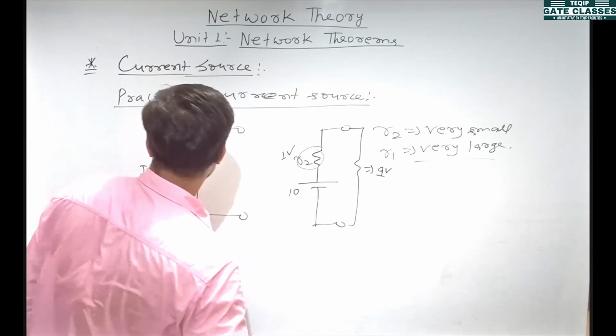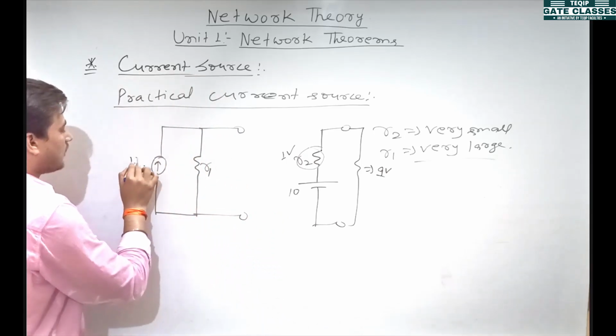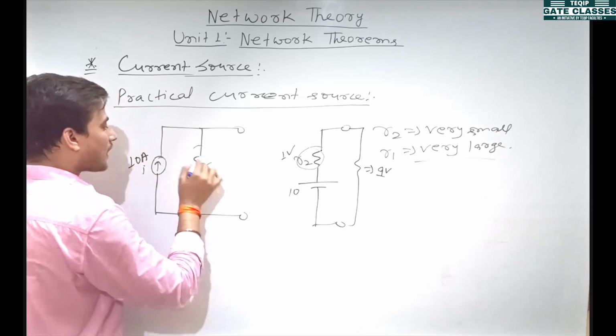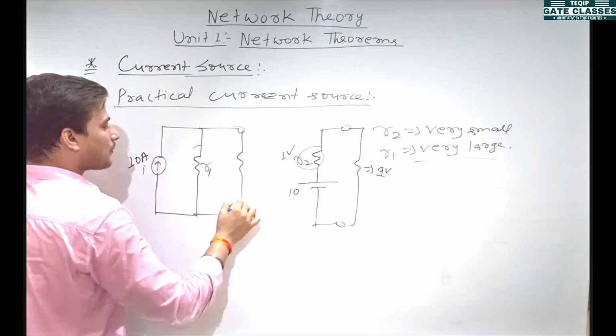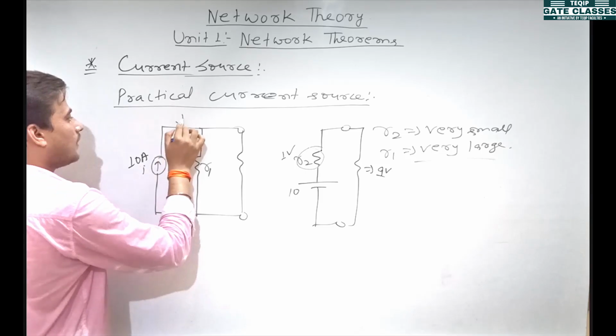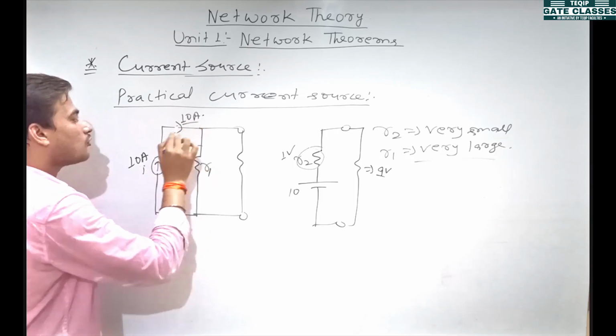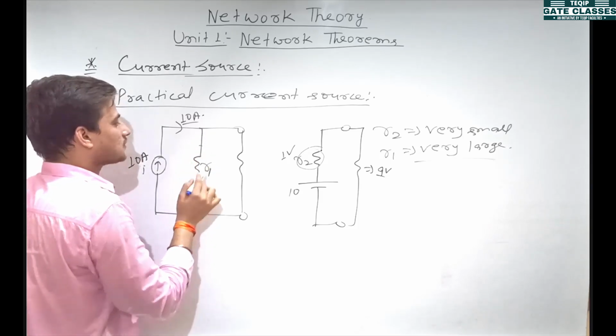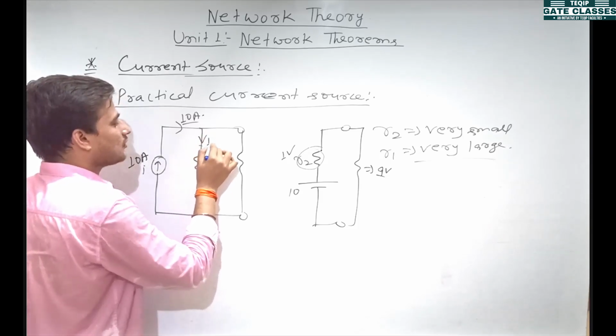Now here, suppose this is 10 ampere of current. You are showing a practical current source. That means when 10 ampere current is coming out from this current source, there will be some current in this branch. So what will be the current? It will be hardly 1 ampere.